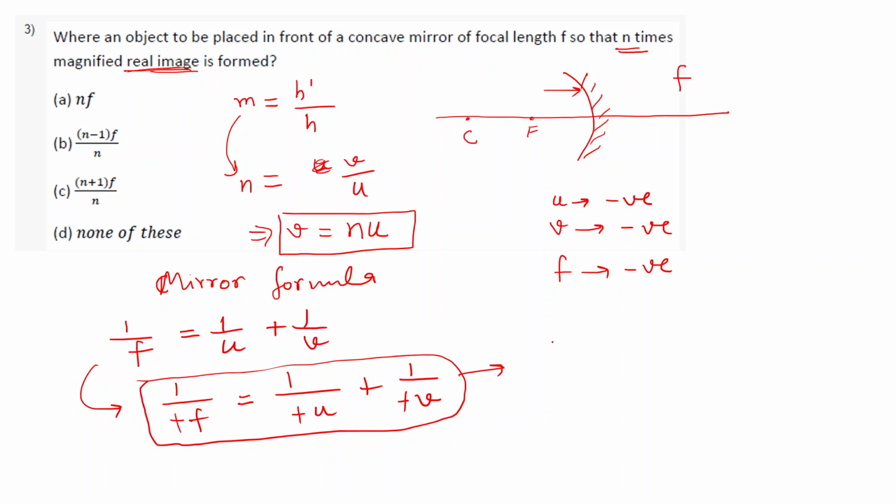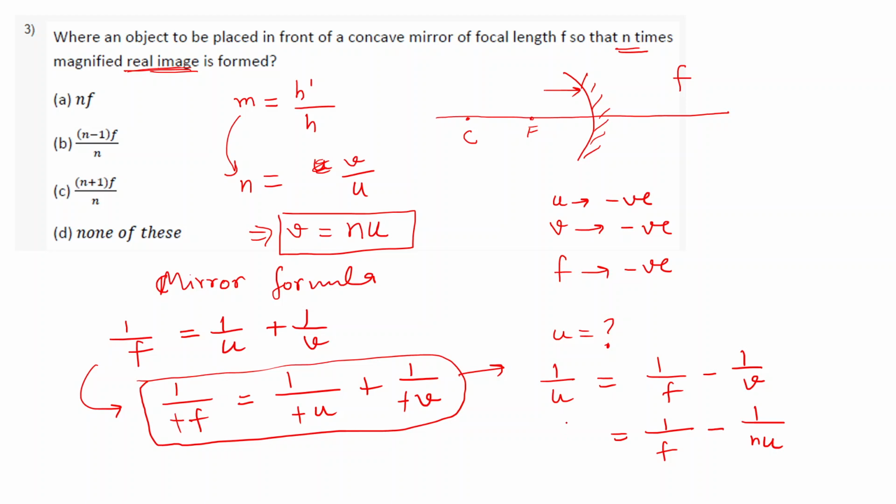I want to find out u, the object distance, in terms of image distance and focal length. So 1 over u will be 1 over f minus 1 over v. And from this condition I know v is n times u.